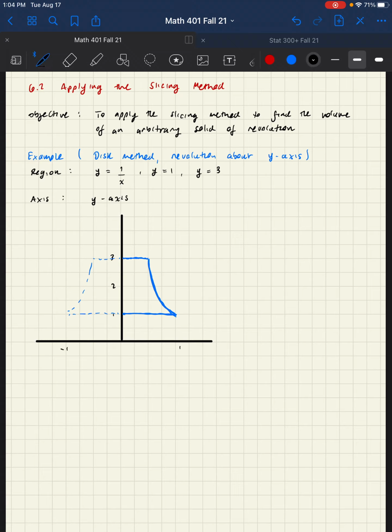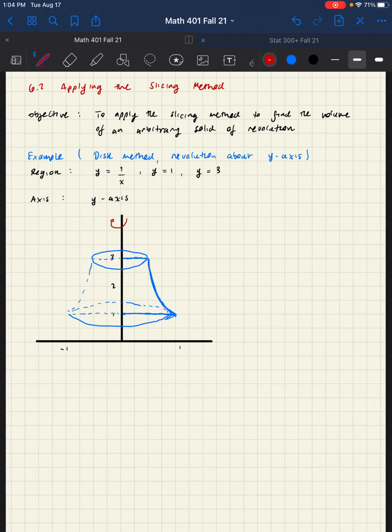So it should look something like this. So we get a mirror image there. And since we're rotating about this axis, it should look something like this. Kind of like a funny cone shape.